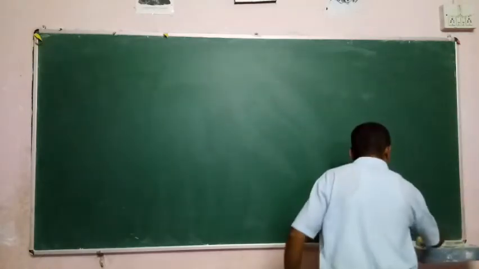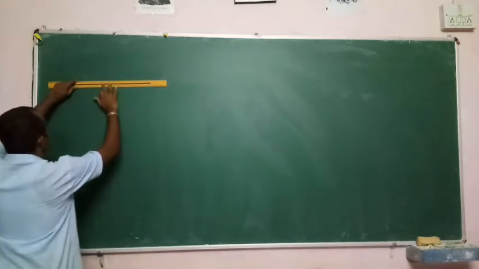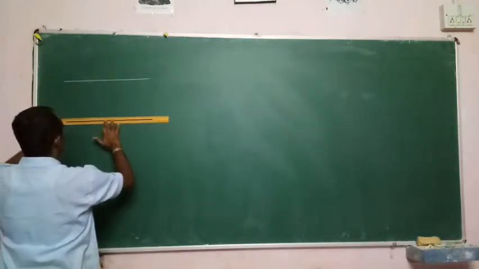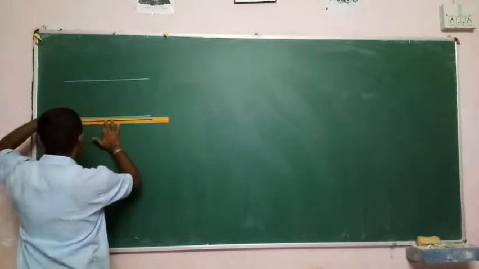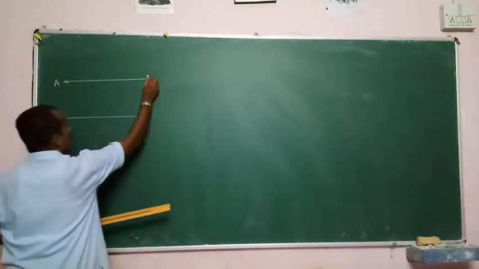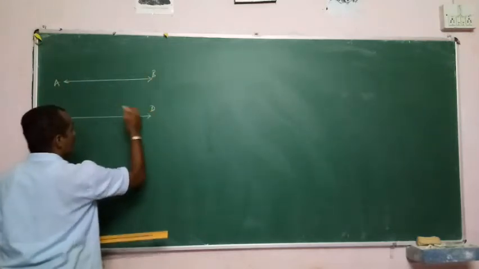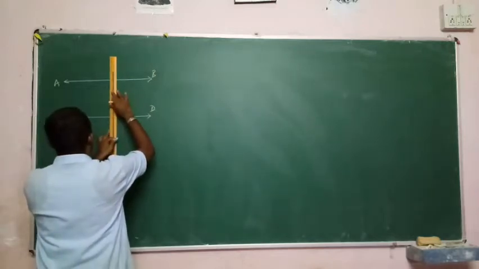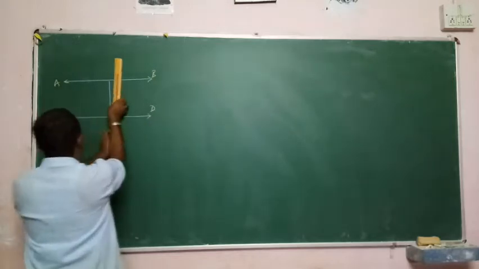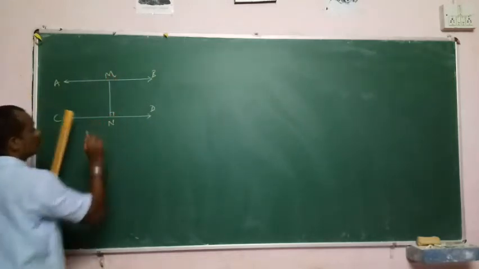Okay, let me go for one problem. Look at this. Say, these are the two parallel lines. I call them AB and CD are the parallel lines. And this is a perpendicular. I call MN a perpendicular.